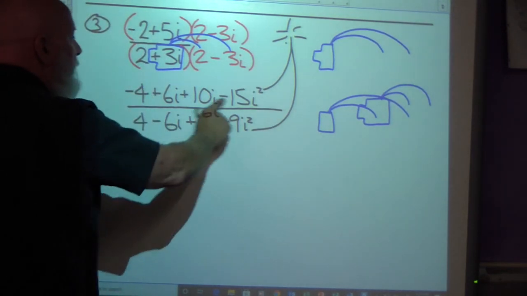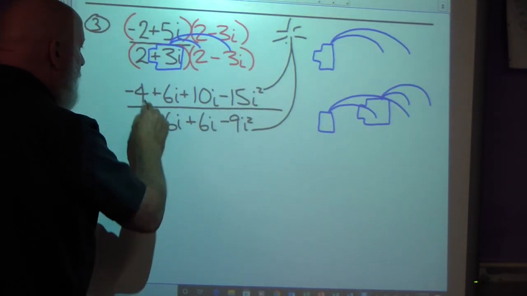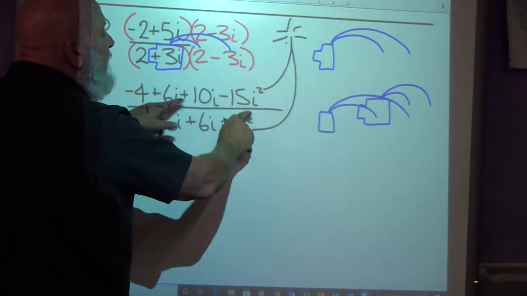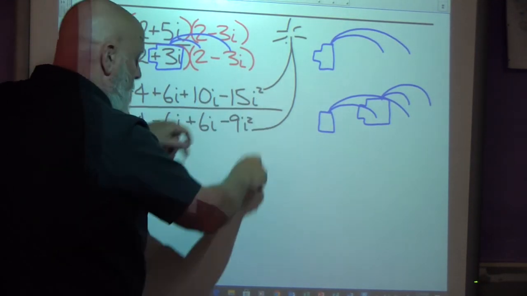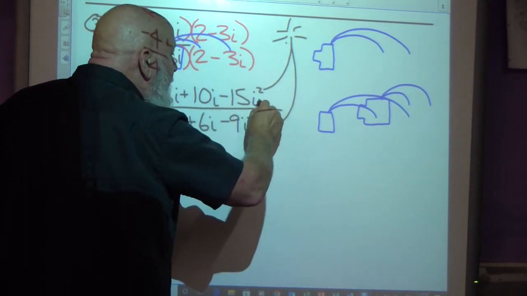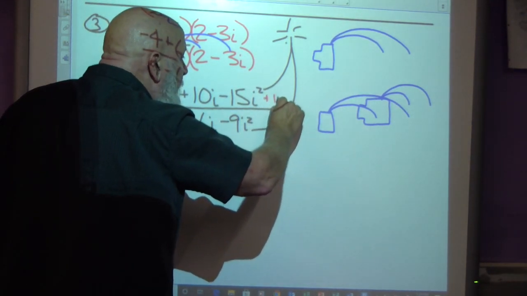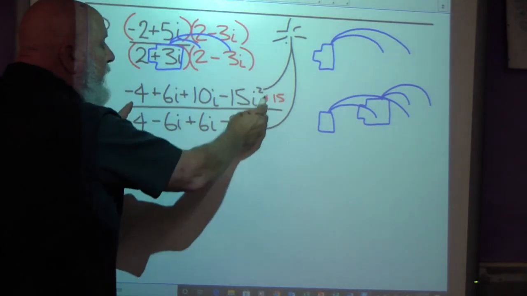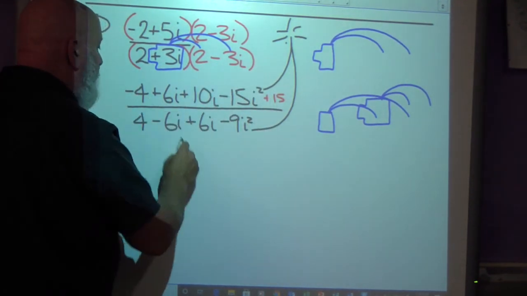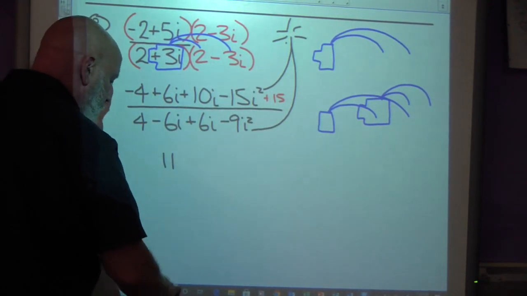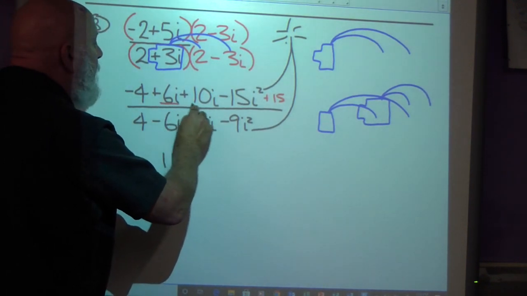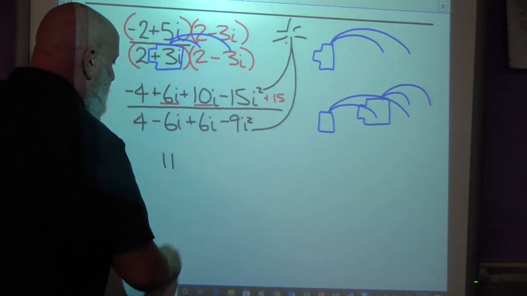But here we go. I'm going to simplify the top. I've got negative 4 plus 15. There's negative 15 times negative 1. So I'm thinking this is positive 15 right here. So 15 minus 4 is 11. And I've got these like terms I can combine. That's 16i, 11 plus 16i.